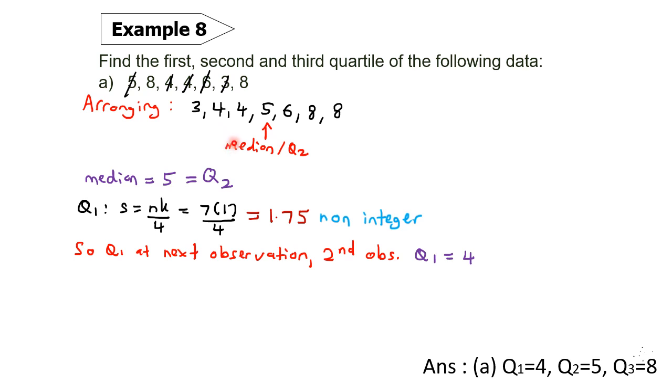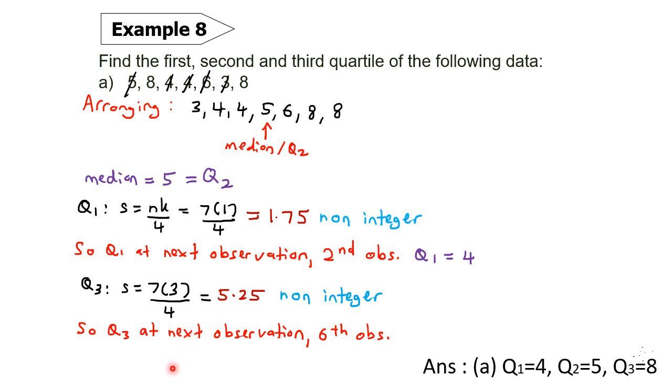Okay. So let's try the third quartile. For the third quartile, this time nk over 4, and n is the same, yes, 7. And k here is for the third quartile, so k would be 3 over 4. So then we calculate, and we get 5.25. So 5.25, like 1.75, is also a non-integer. So again, since it is non-integer, to determine the third quartile we choose the next observation.